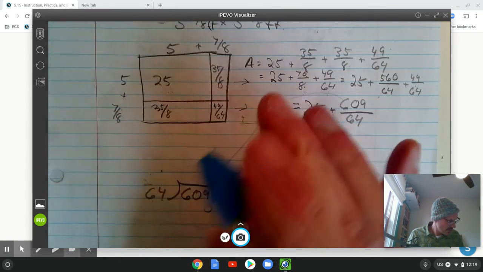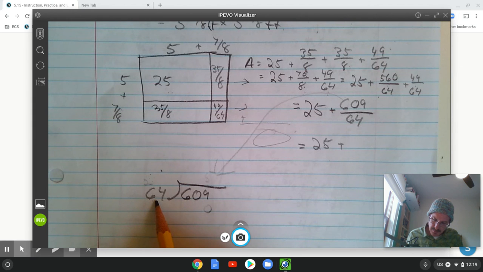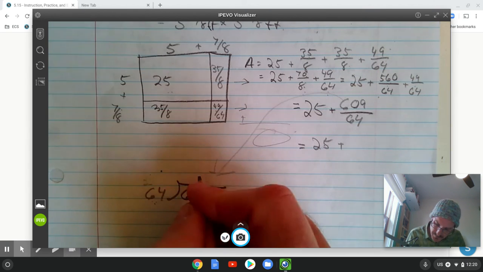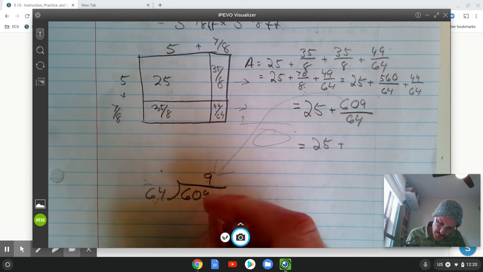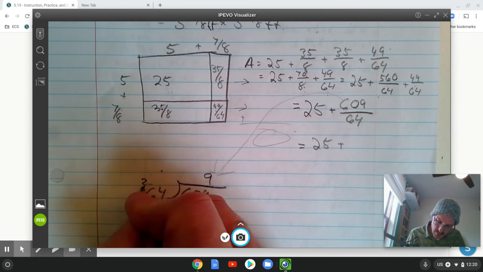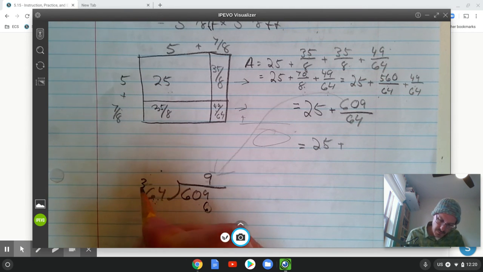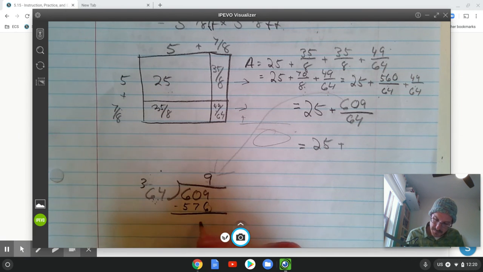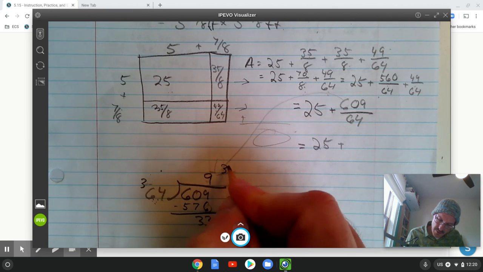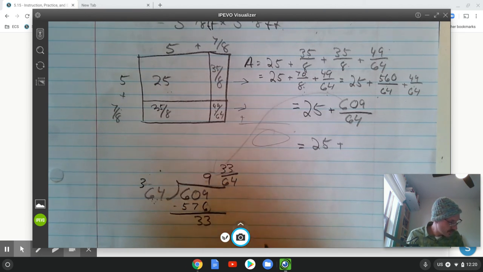No, that's not right either. How many times does 60, so more like 8, maybe more like 9 actually. Yeah, 9. 9 times 4 is 36. 6, 3. 6 times 9 is 54, plus 3 is 57. So that's 9 and 33 64ths.